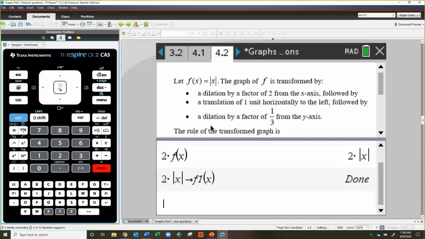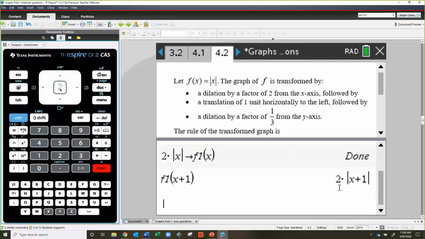So now the calculator remembers that after the first transformation, I have f1(x). Now I have a translation, 1 unit to the left, which means that I take f1 now, and to the left, that means I need to have plus 1.